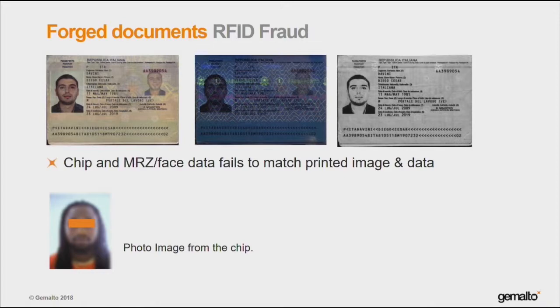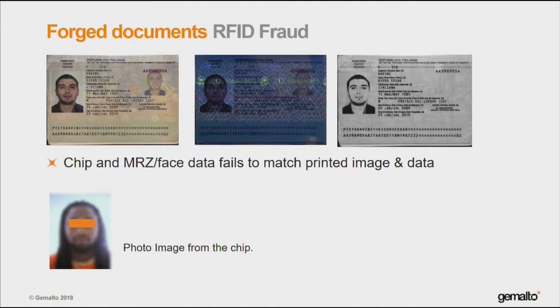And in another example, the chip and MRZ data failed to match the printed data on the ePassport. We've also seen reports of cases where forgers have been able to mimic ePassports, including all the cryptography.